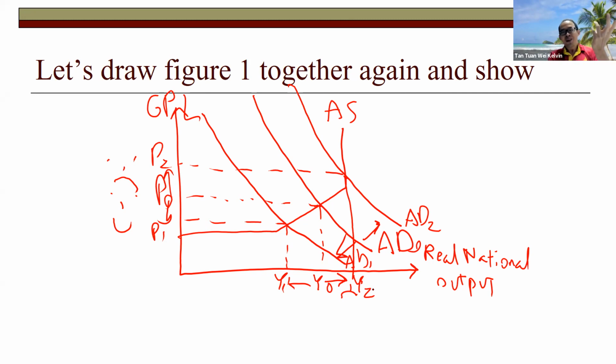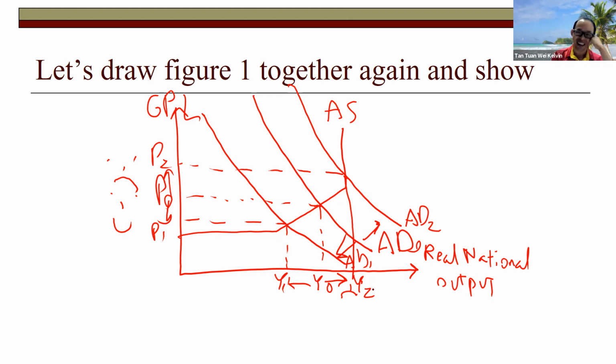So you can really see that there's a sort of a clash of the goals, right? Now the clash of the macro goals will be an important theme that we'll only cover next year. But from this graph, you can really see that when the aggregate demand shifts to the right or when it shifts to the left, under normal circumstances, if you are at the diagonal part of the AS curve, there's one good thing, but there's one bad thing.